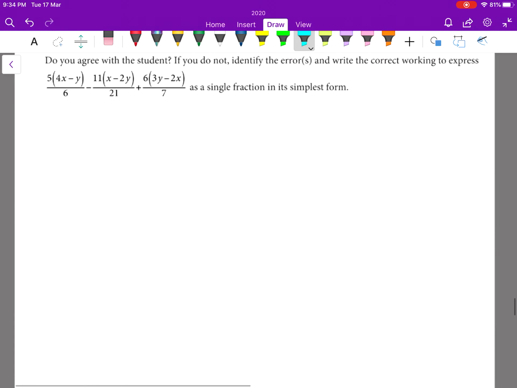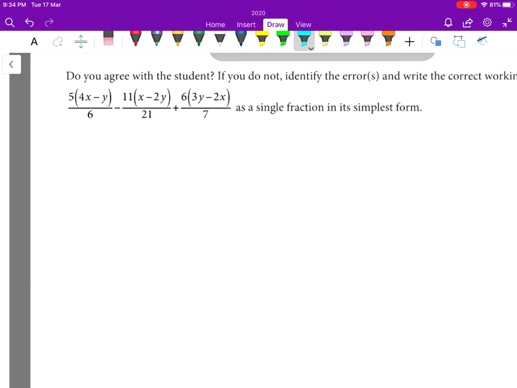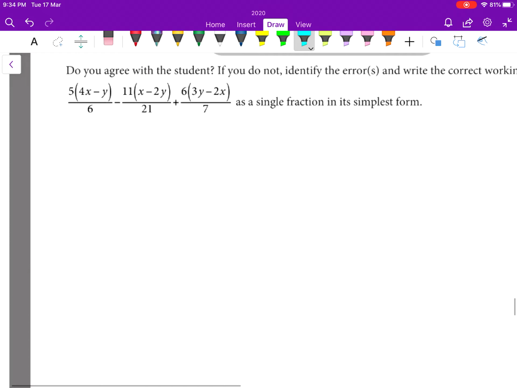Okay, try to do this question. It's a long question, and for my case, I will change all to the lowest common multiple, which will be 42. 6 times 7 is 42. 21 times 2 also 42. That will be the LCM.